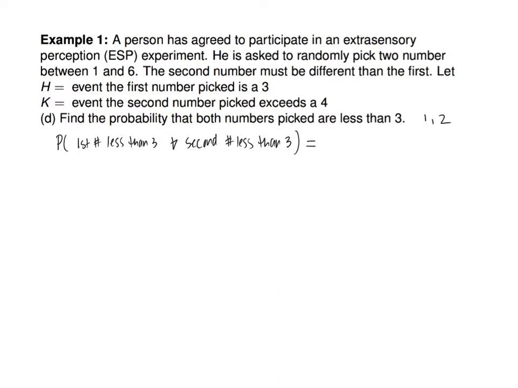So the chances that the first number is less than 3, there are 2 out of 6. Now, for the second number to be less than 3, you've chosen one of those 2, leaving only one left out of 5 numbers to choose from. So that ends up being 2 out of 30 again, or 1/15 as well.